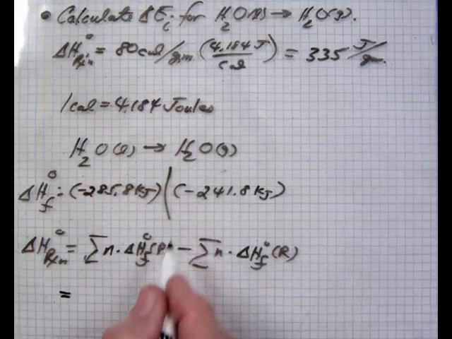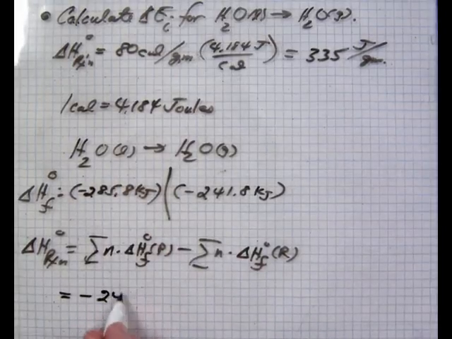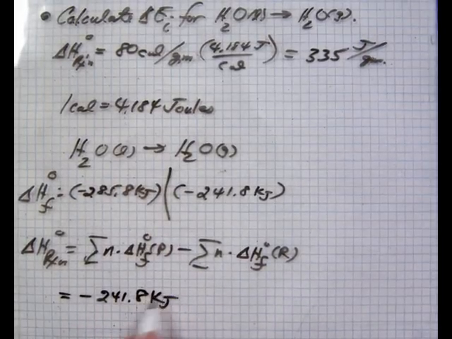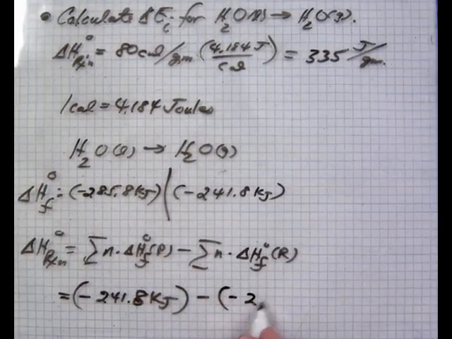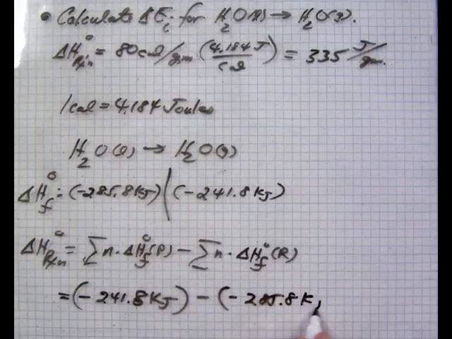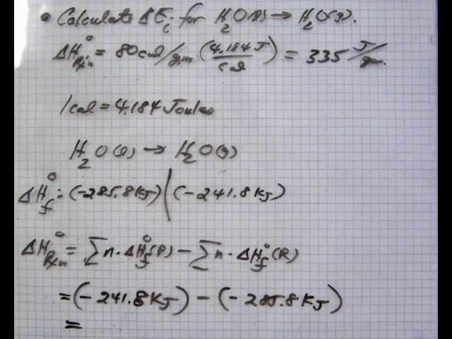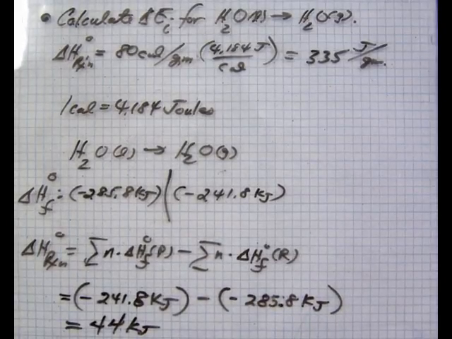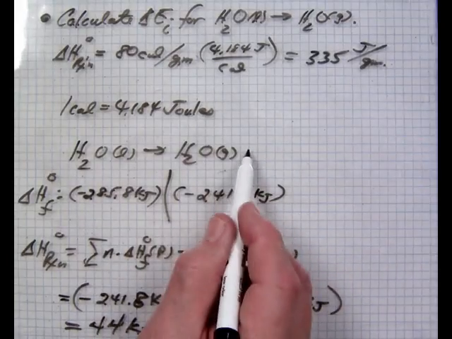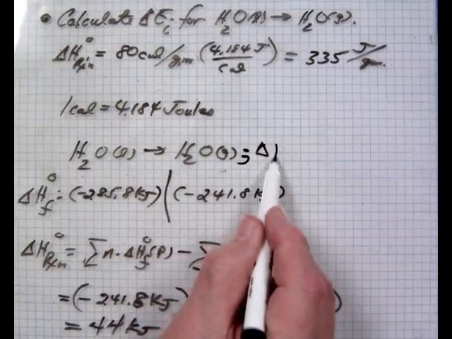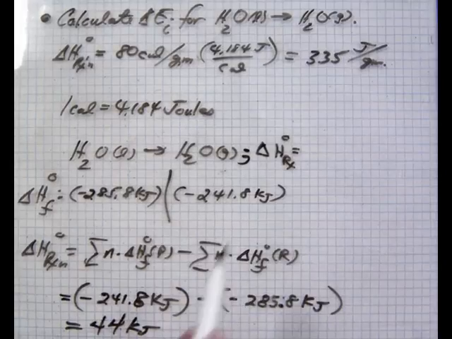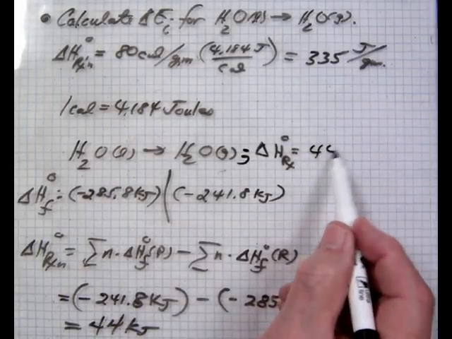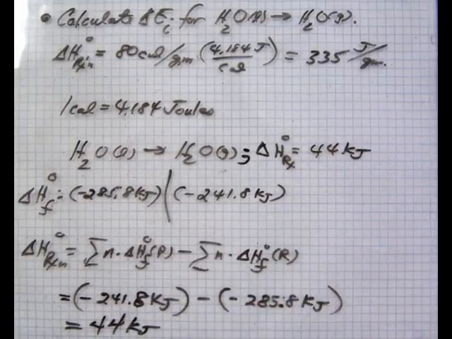So delta H of products minus reactants: minus 241.8 kilojoules minus a minus 285.8 kilojoules. And so that comes out to plus 44 kilojoules. So I take that up here: delta H of the reaction, standard conditions, because I used standard heats of formation, is 44 kilojoules.